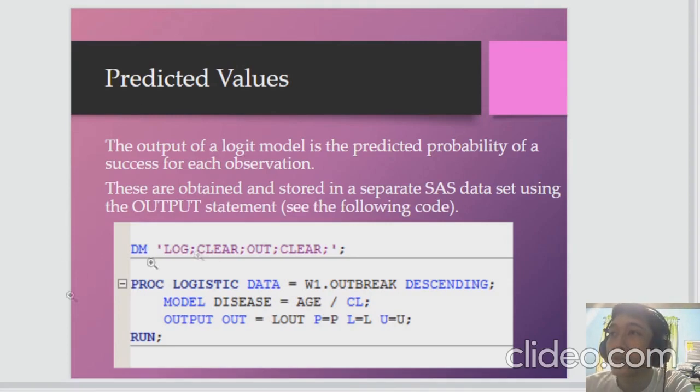Did you see the following code? DM log clear out clear. Proc logistic data equals W1 outbreak descending. Model disease A equals H divide CL. Then output out equals display, L out P equals P, L equals L, U equals U. Then run.